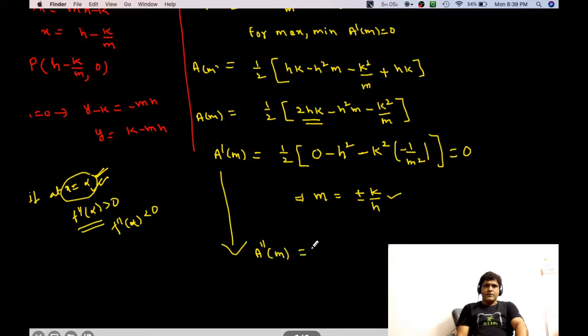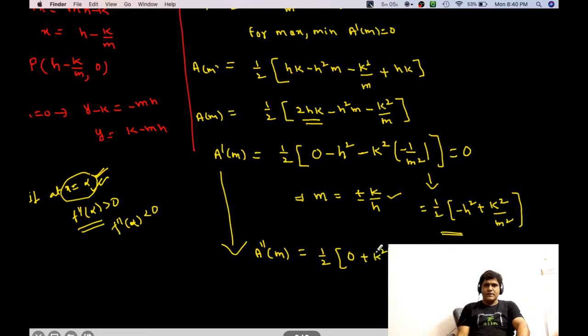This is equal to 1 by 2 times, you can write this as minus h square plus k square by m square. This is A dash m. If you differentiate it, what do you get? 1 by 2 times, this is anyway constant, therefore this is 0, h is a constant. Here k square is a constant.